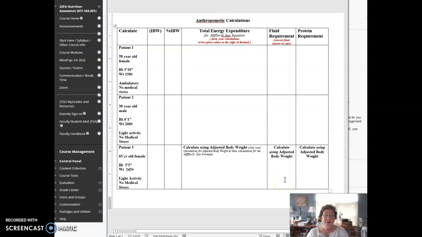All right, one thing I do want to mention is that your formula calculations will be off if you do not calculate the correct height. So remember that a male who is 6 foot 3 inches is actually 72 inches for the 6 foot, plus this person is 3 inches over that.